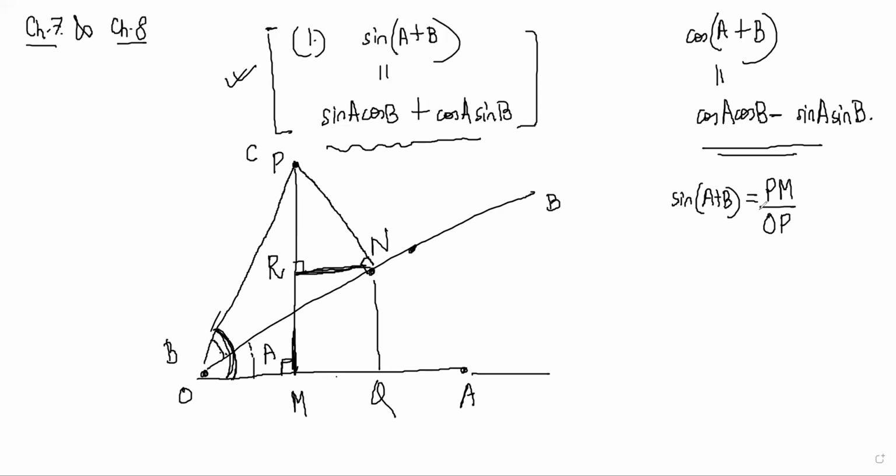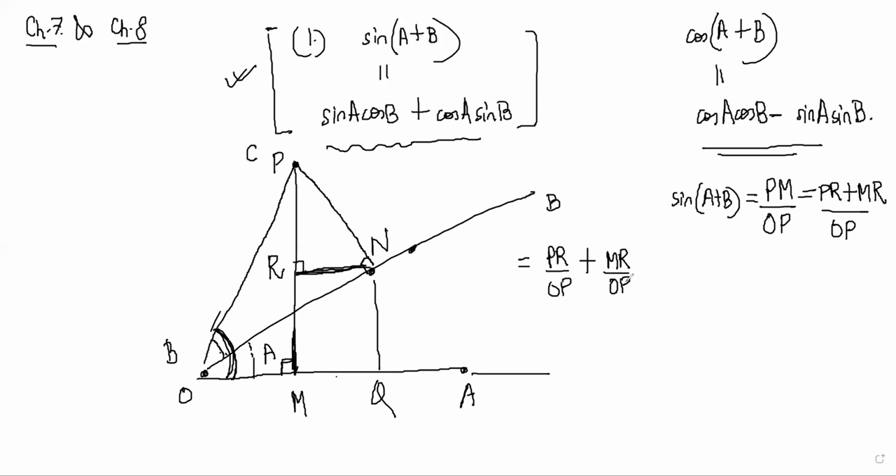Now PM can be thought of as PR plus MR. So PR plus MR by OP, right? So I will split it as PR by OP plus MR by OP.